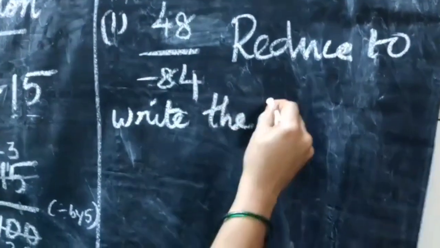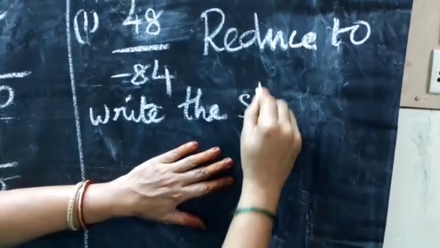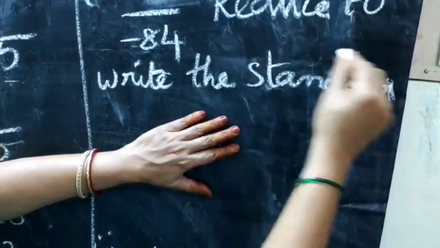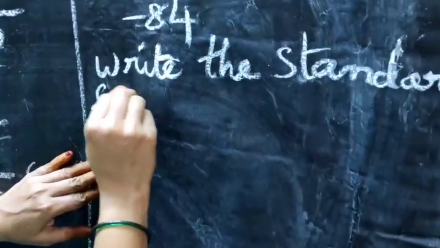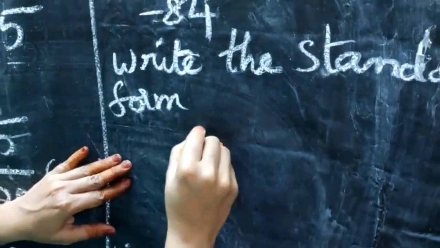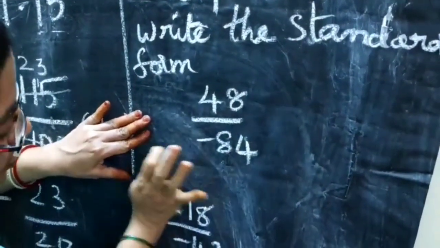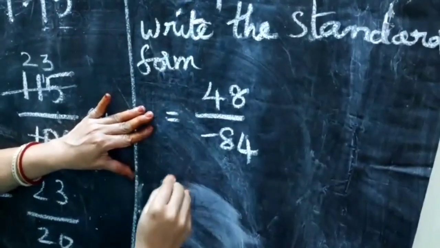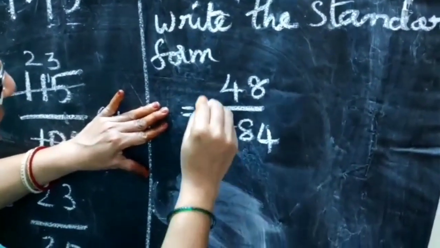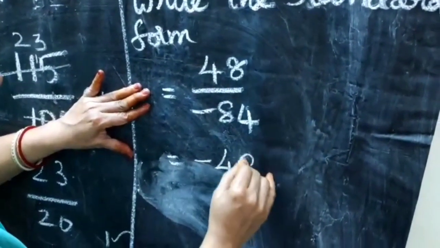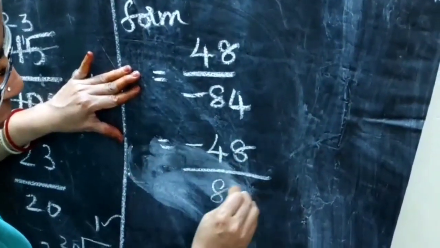Minus 48 divided by 84. First you write this minus symbol, take it over and write it in the numerator. Minus 48 divided by 84.